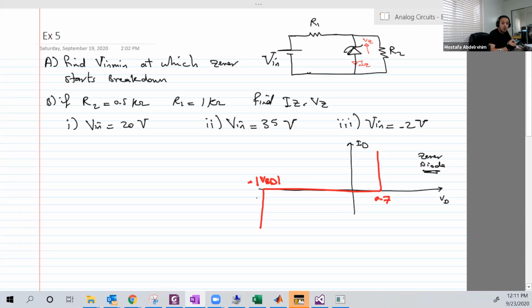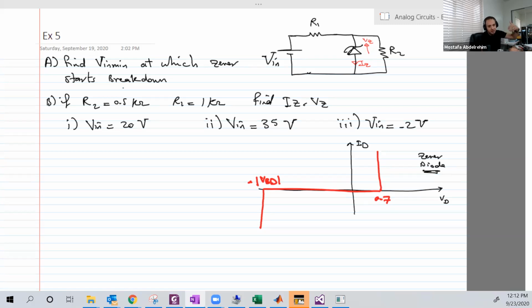And this is actually what's required in part A, or question A. Find the minimum input voltage which turns the Zener into breakdown. It will be exactly the same as our previous example.